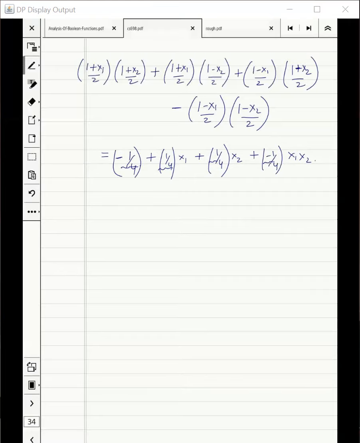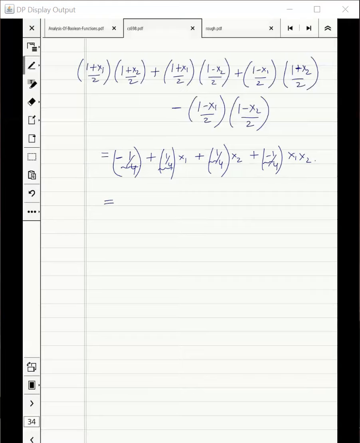You guys are lazy or not? Okay, let's find out. Is it 1 by 2, 1 by 2, 1 by 2, 0? So which one is it? Is it 1 by 2, 1 by 2, or 1 by 4, 1 by 4? 1 by 2, 1 by 2, because the constant from the last two will get cancelled out with one of them.